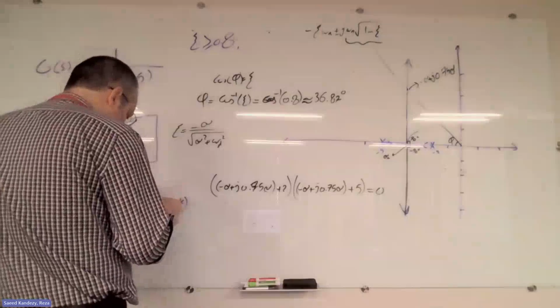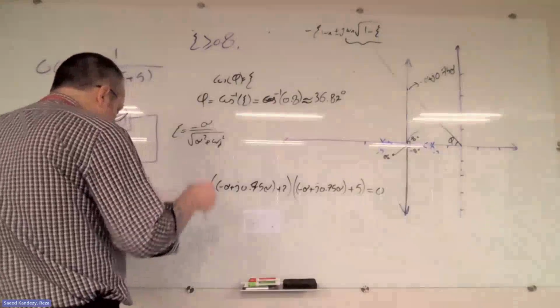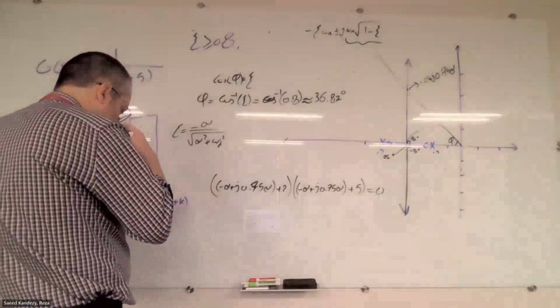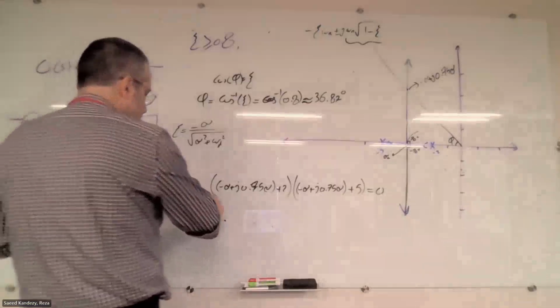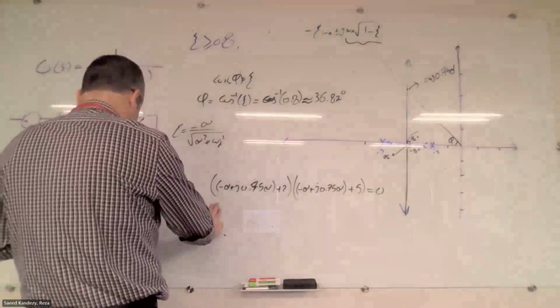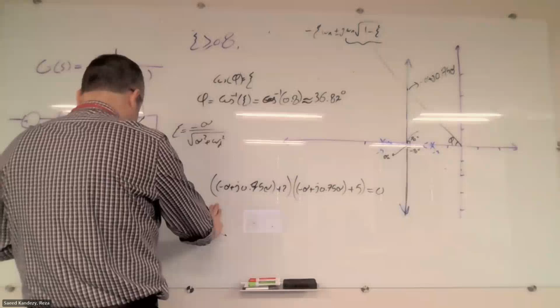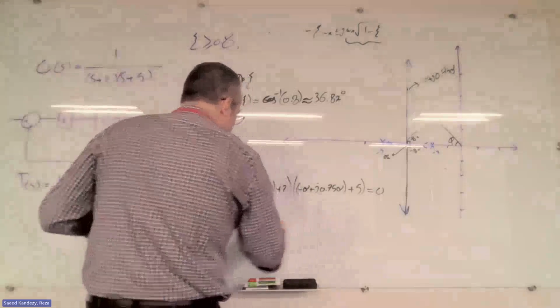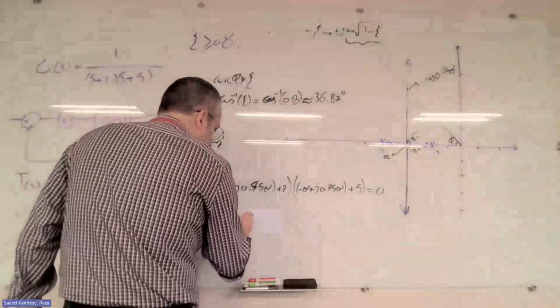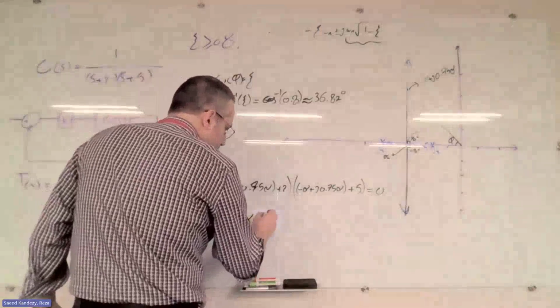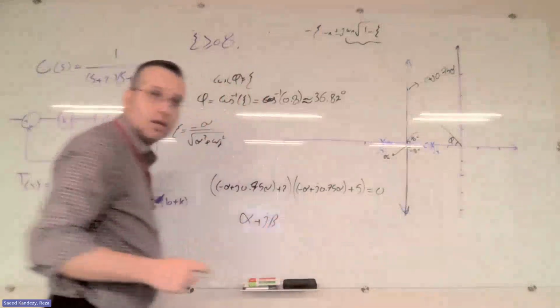Now, if you basically do the plus 2, plus 5, and multiply these to each other, you would end up with a complex number, let's say an alpha plus J beta, right?